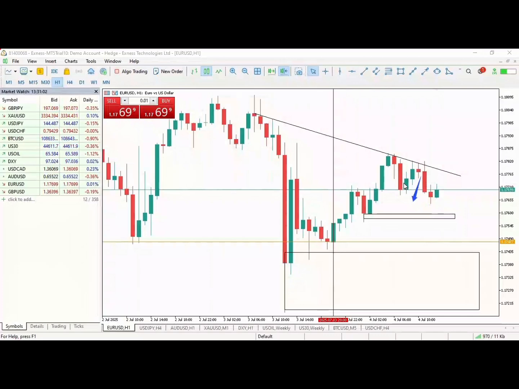The same with a sell limit. If you know price will come here and then turn and start selling, you put a sell limit there. For the buy stops and sell stops, you put a sell stop here if you know price is going to continue selling after breaking this level. So you just put sell trades here so that price triggers them and sells. The same with the buys. Okay, those are the types of orders.